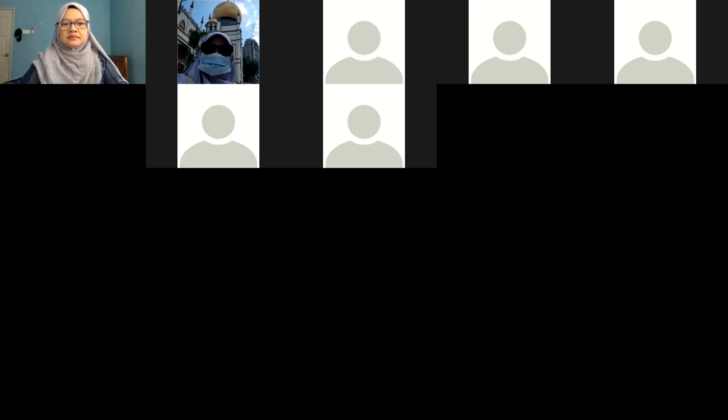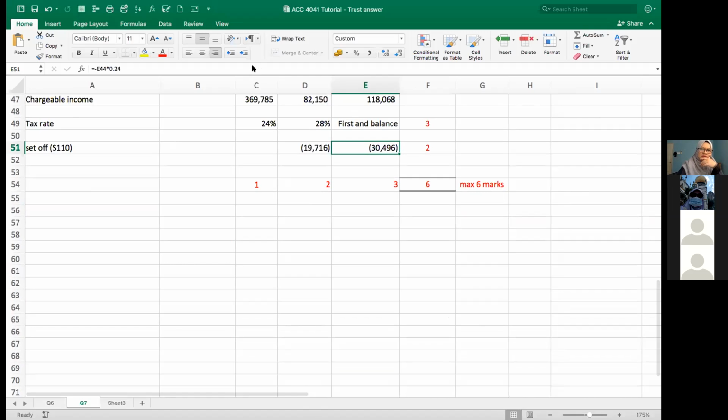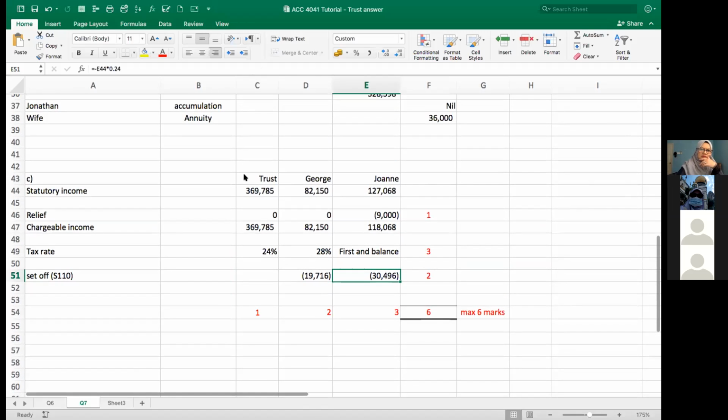Just now, question 7, the set off of the set off. Yes, 24%. Why is it the income, instead of the total income of the trust?